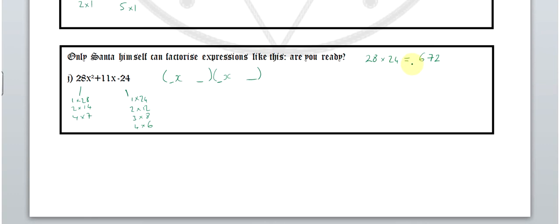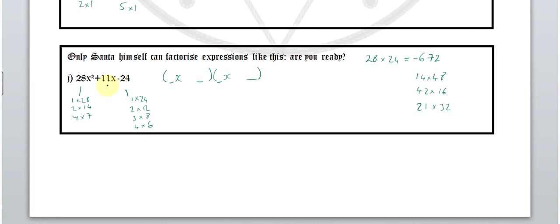So, because I've actually got a negative 24, it's minus 672, so one of the factors is going to be negative. Now, there's quite a few factors of 672, 14 times 48, for example, or 42 times 16, but the pair we want is 21 times 32, because 21 and 32 are 11 different.